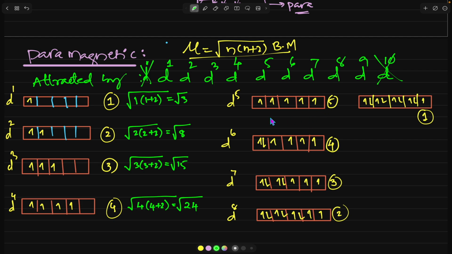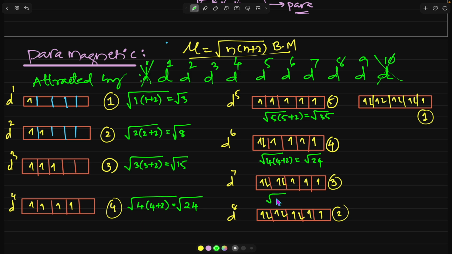So when it is 5, root 5 into 5 plus 2, 7 5s are 35, root 35. Again you correspond to 4 here, so root 4 times 4 plus 2, which is root 24.